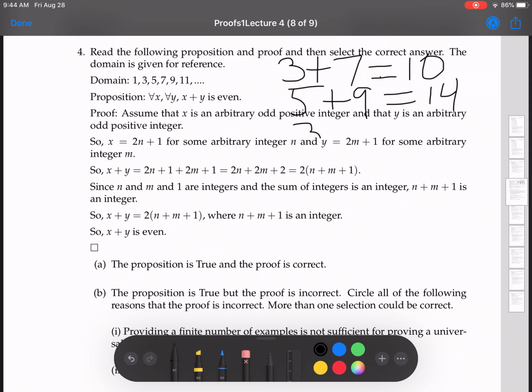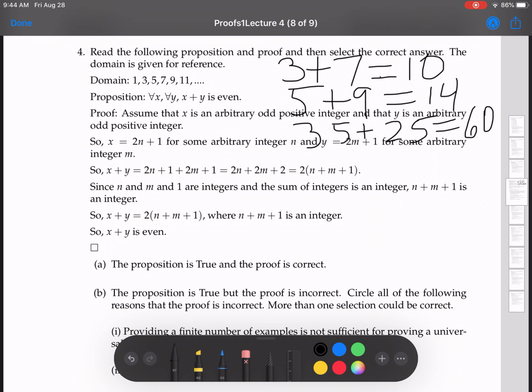Let's see, 35 plus 25, and 25 is odd. That would be 60, and 60 happens to be even. So it seems like it's true. I'm thinking that the proposition is true.